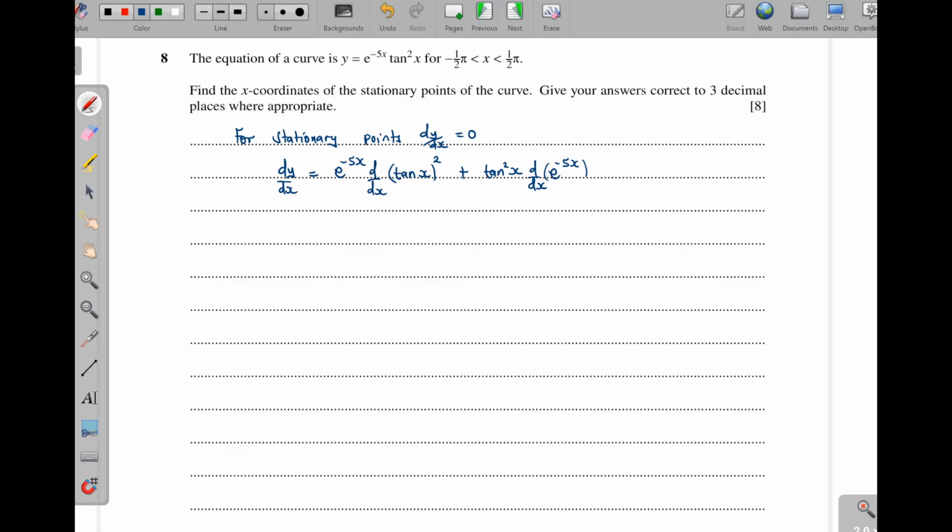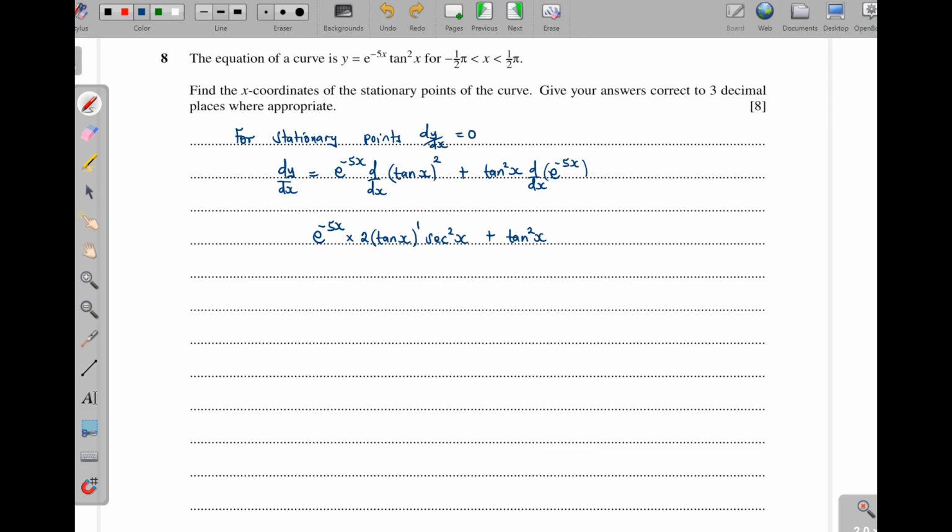Now, let's begin. So we are keeping this one here, and then differentiate this, so you will drop the power using chain rule. So times 2, then tan of x, and then I reduce the power by 1, so this one will be to the power of 1. Then differentiate here. When you differentiate tan x, you get sec squared, not so? So sec squared x. Then you also come to this one, it is tan squared x.